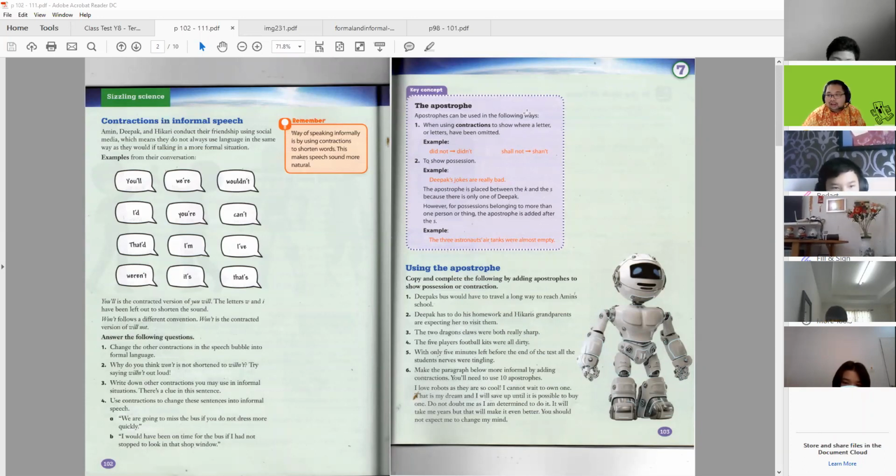Now, anybody knows what a contraction is? Rafael, do you know what a contraction is? No. Right. Do you know the words "you will"?